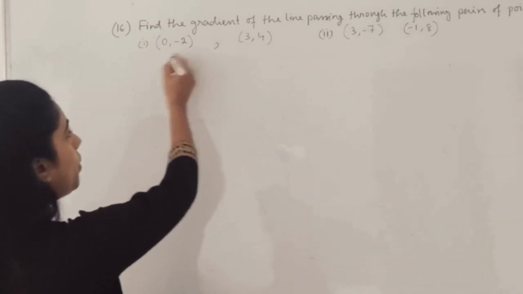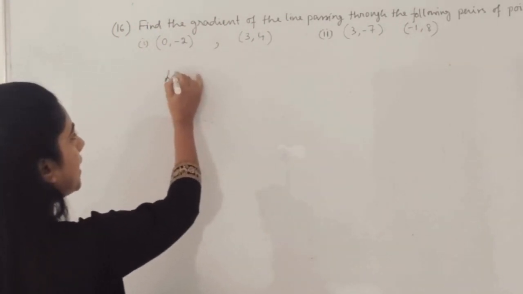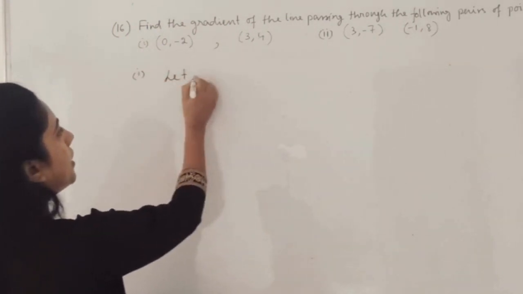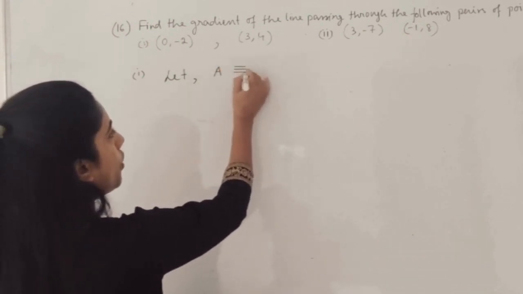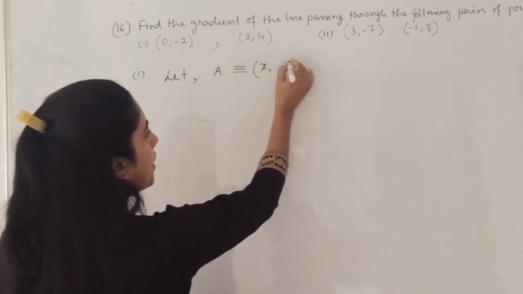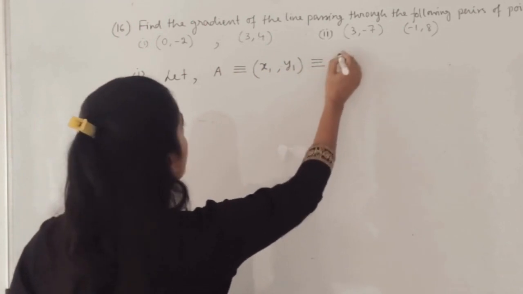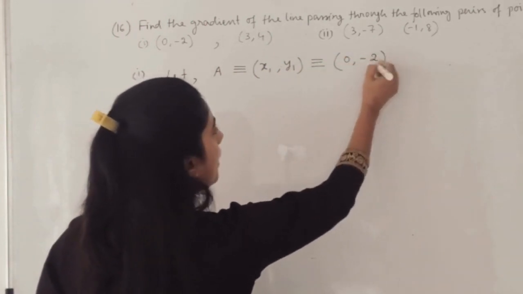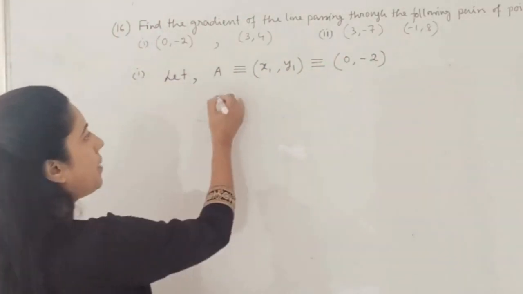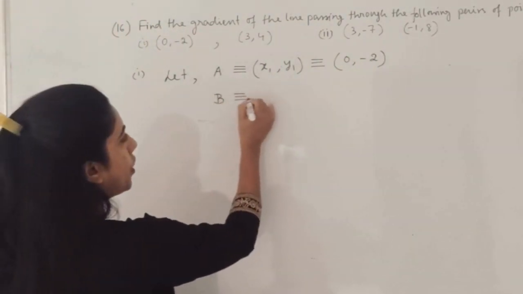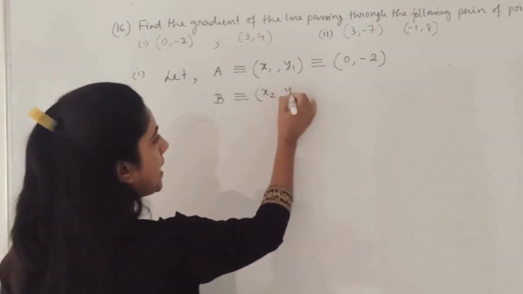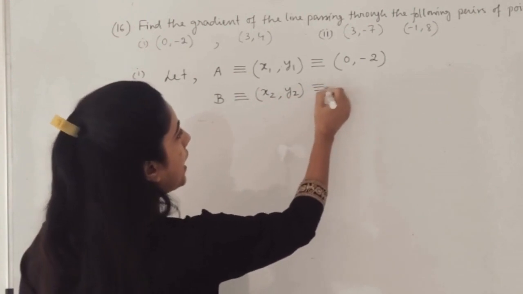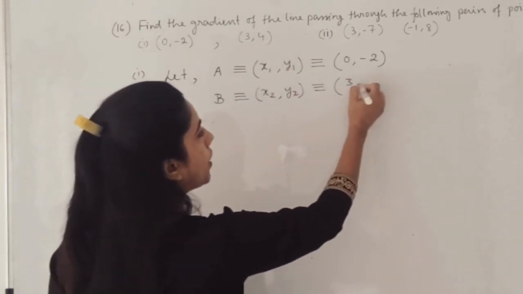Okay? So when two points are given, let us consider the first point is A, which is denoted by x1, y1 and which is given to you as 0, -2. Second point I am considering as B, which is denoted as x2, y2 and which is given to you as 3, 4.